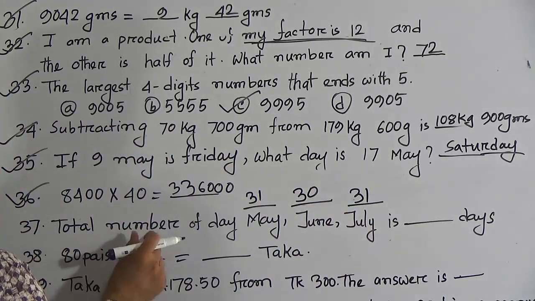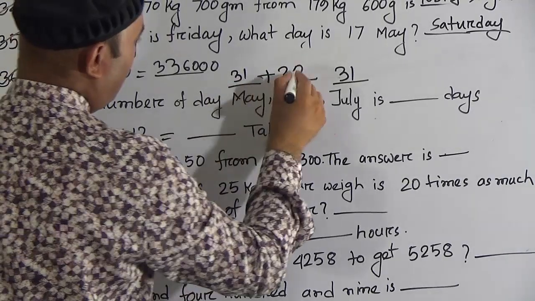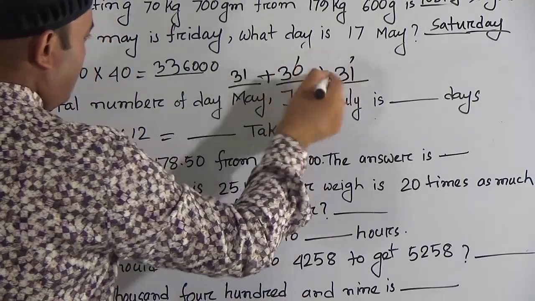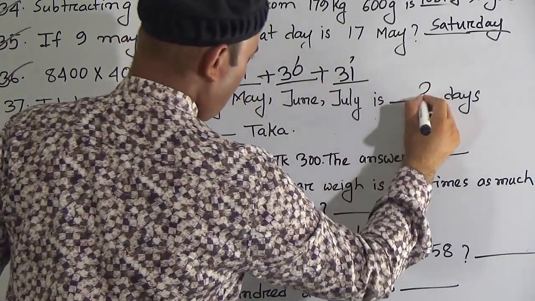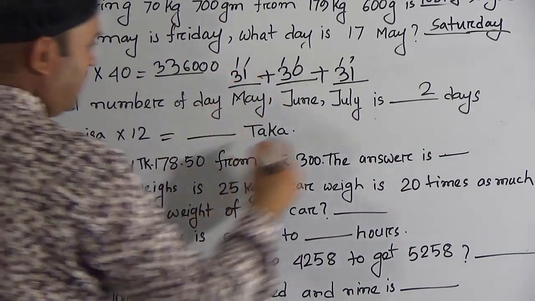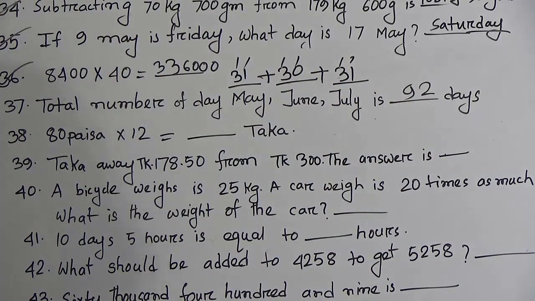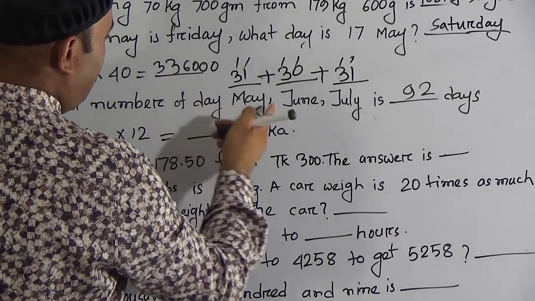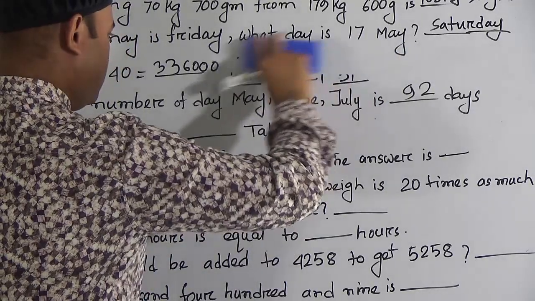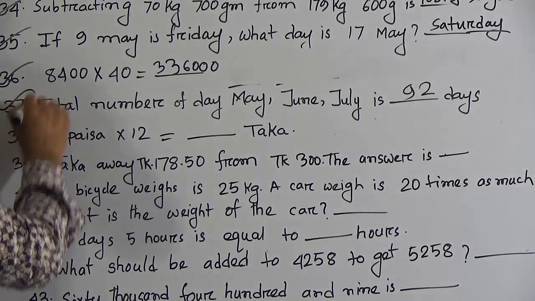Total number of days means we have to add 31 with 30, again 31. 1 and 0, 1 and 1, it will be 2, 3 and 3, it is 6, 6 and 3, it will be 9. So we can write 92 days in total for May, June and July. Hope you understood question number 37.